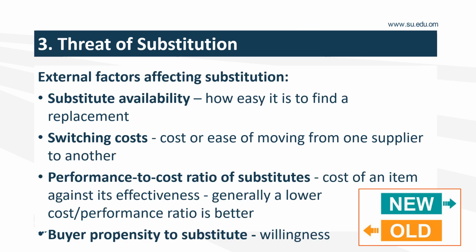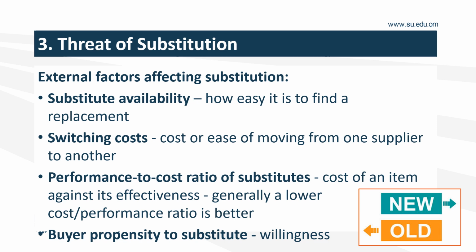And then for the threat of substitution, there are several external factors affecting the substitution. For example, substitute availability: how easy it is to find a replacement. Second is switching costs: the cost or ease of moving from one supplier to another.